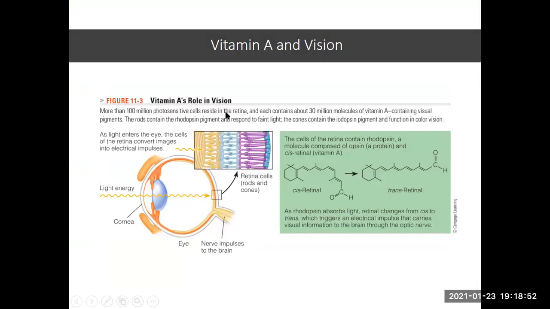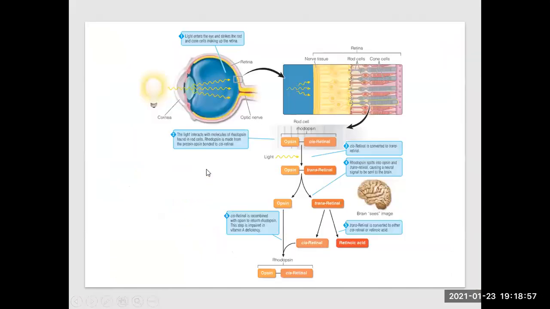Vitamin A's role in vision: as you can see, it's part of the rhodopsin. To explain this, when light goes to the retina, there will be a chemical reaction, changing rhodopsin into opsin, and cis-retinal changes into trans-retinal. The trans-retinal will lead to neural signaling that goes to the center for vision, and we can perceive the images, okay.